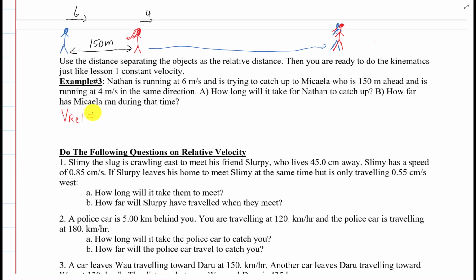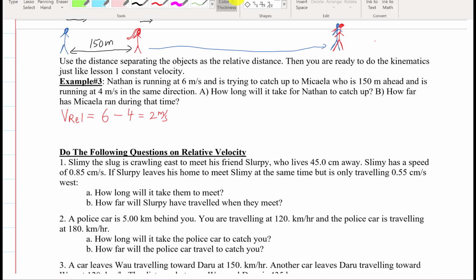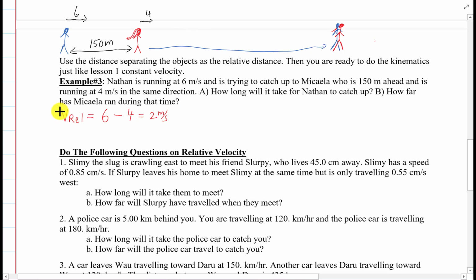You could write down the sentence, this is obviously a relative velocity question with two different speeds of 6 and 4, or you can write this down. VREL equals the larger one, subtract the smaller one, and equals 2 meters per second. And then I'm boxing that off.